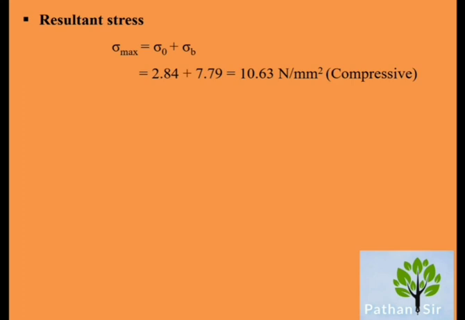So sigma maximum comes to be 10.63 Newton per mm square compressive. Sigma minimum is given by the formula direct stress minus bending stress: 2.84 minus 7.79. The answer comes to be minus 4.95 Newton per mm square, as the minus sign indicates tensile stress is developed.